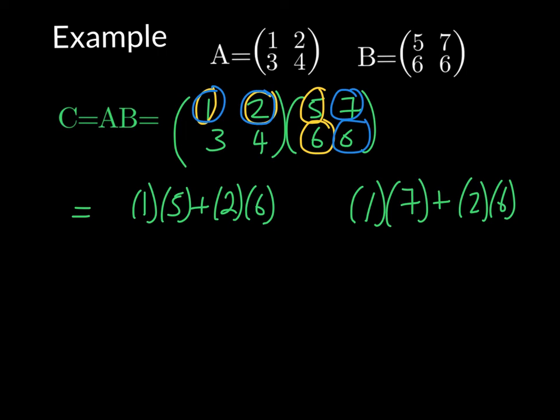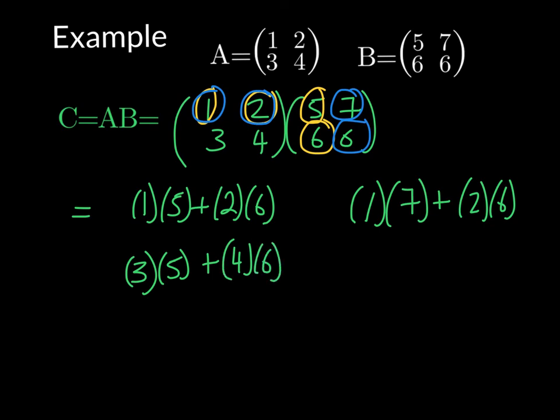Element C21: now we're going on to the second row of matrix A. So we have 3 multiplied by 5, plus 4 multiplied by 6.